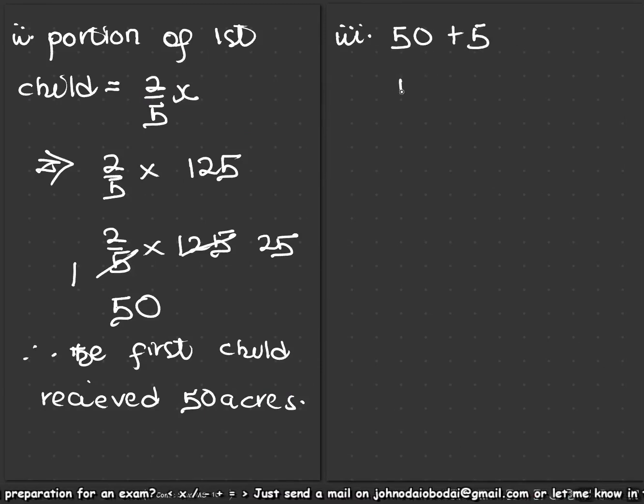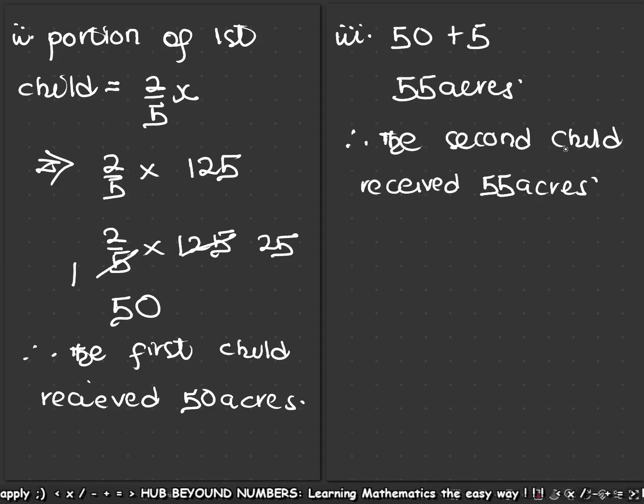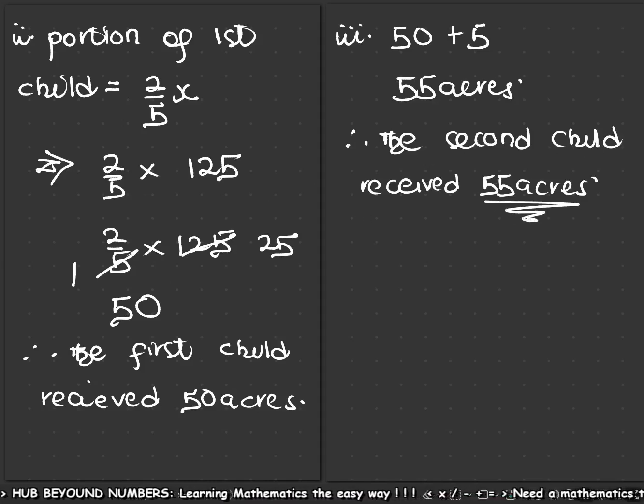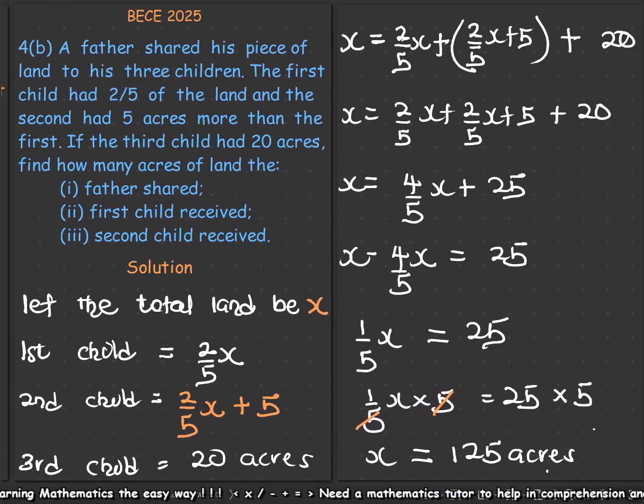And 50 plus 5 gives us 55 acres. So, you can say, therefore, the second child received 55 acres. As simple as that. So that will be it for this question, question 4B. And as you can see, it was very, very simple.